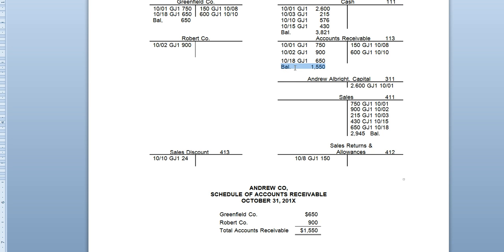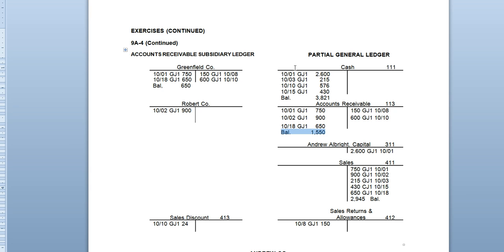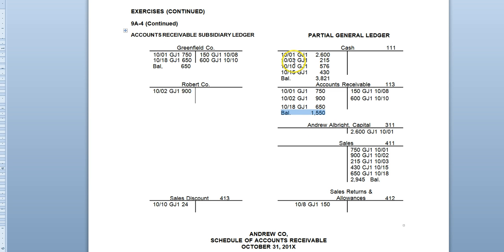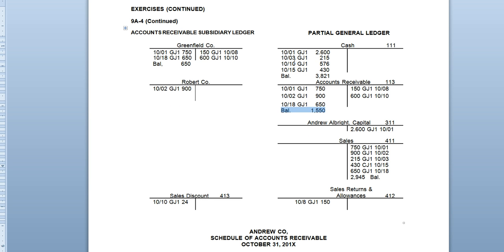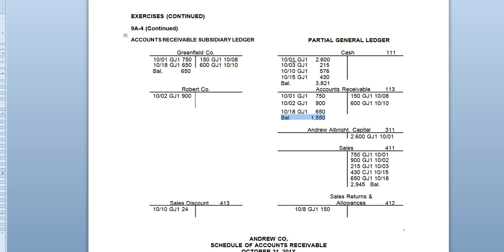Okay, kids? Now, you'll understand the Chapter 10 problem a lot better by the concepts and procedures that we covered here. It's got to do with buying and paying, Chapter 10, as opposed to selling and collecting.